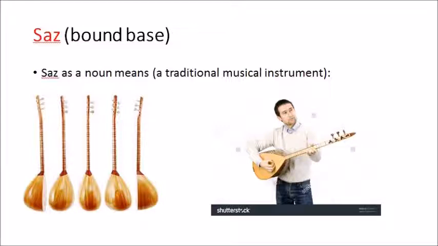Each string is doubled, just like how this guy is playing. It's also common in Iran and Turkey. They also play it there as well. I don't know the name of saz in Turkish, but in Arabic they say buzuq. But in Kurdish we say saz, and this is saz.